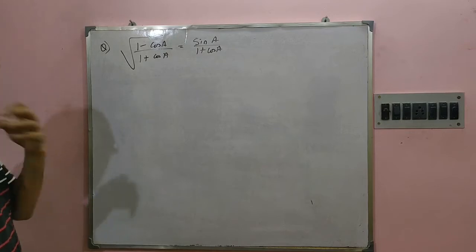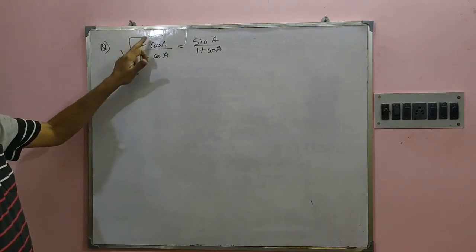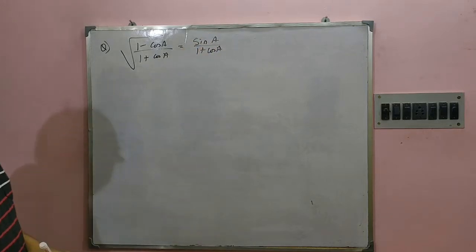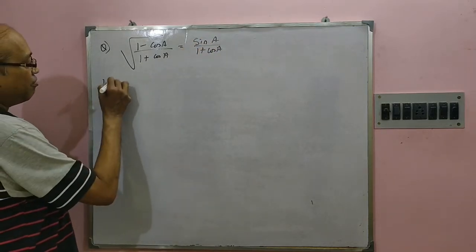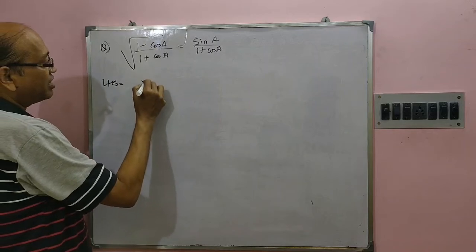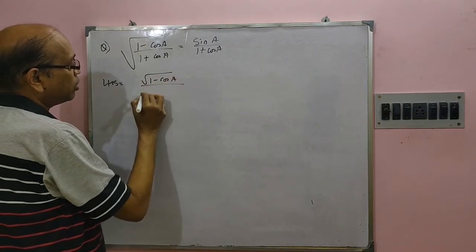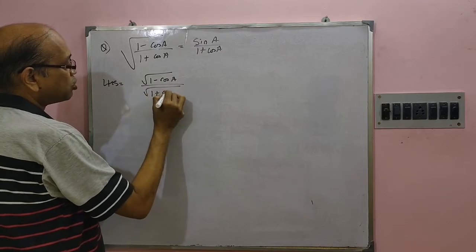The next question: prove that root of (1 minus cos A by 1 plus cos A) is equal to sin A by 1 plus cos A. Left hand side, can I write this as root 1 minus cos A by root 1 plus cos A? Yes.